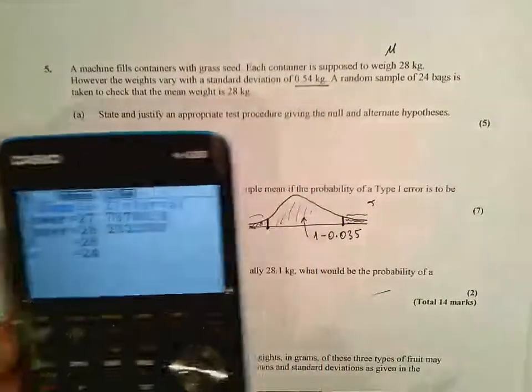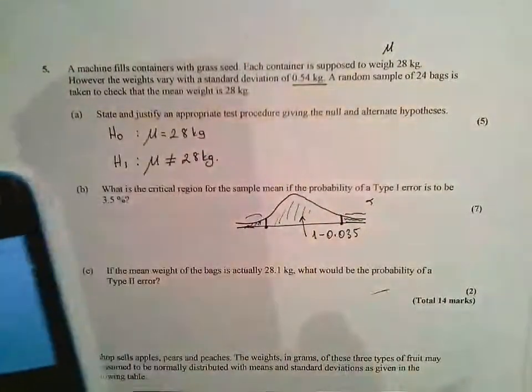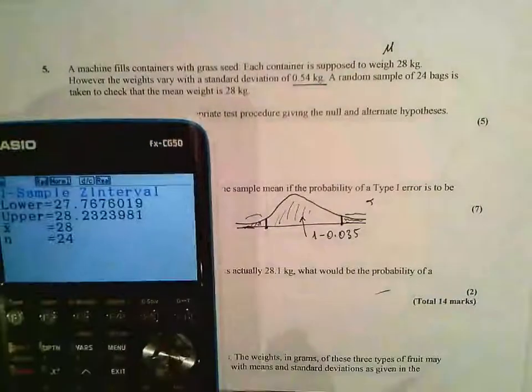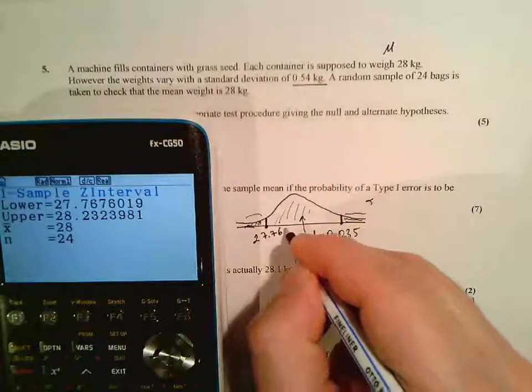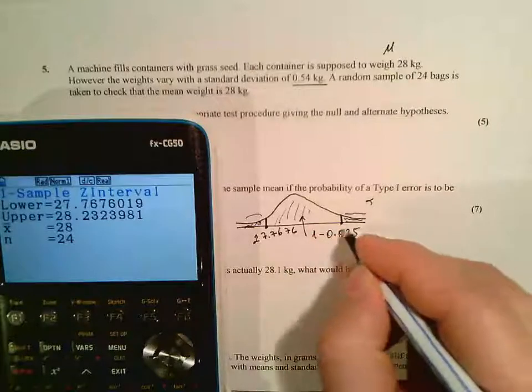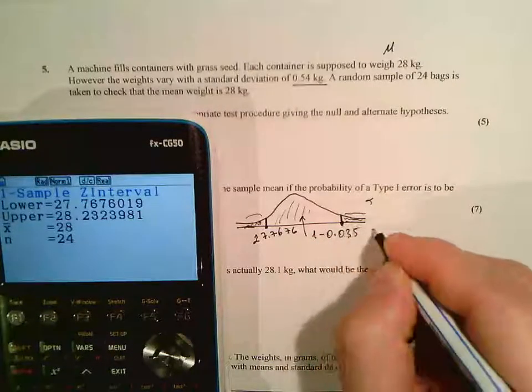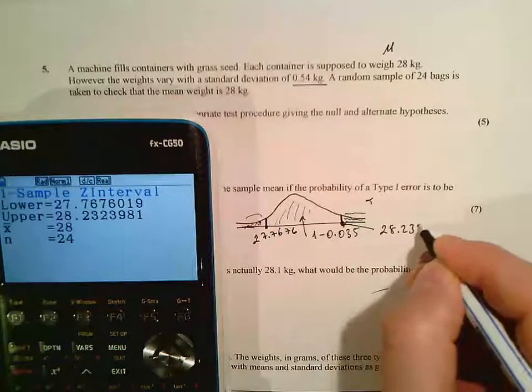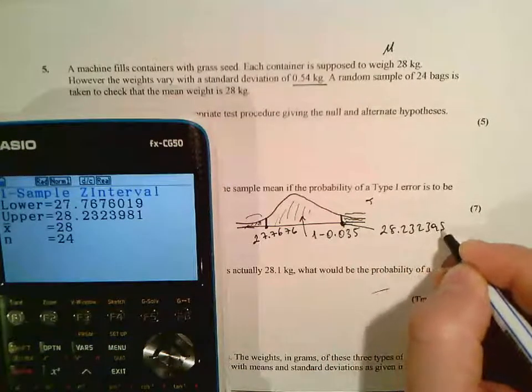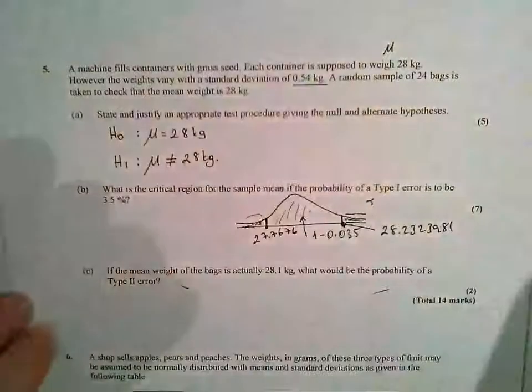Okay, here is your critical region. The number is 27.7676. Okay, and then here is 28.23.